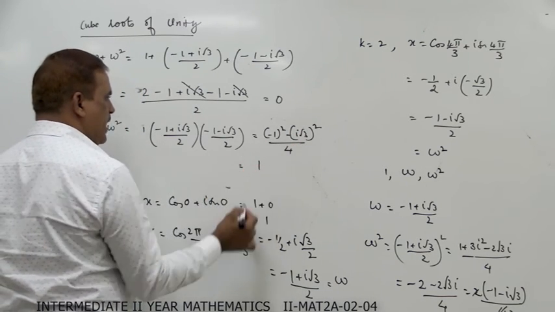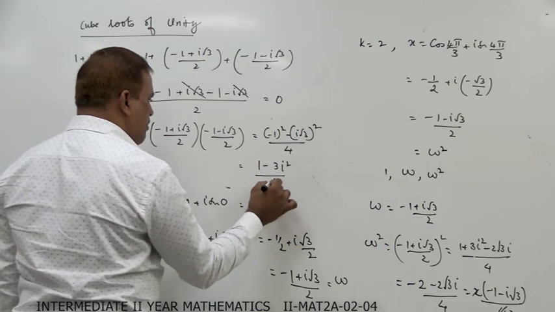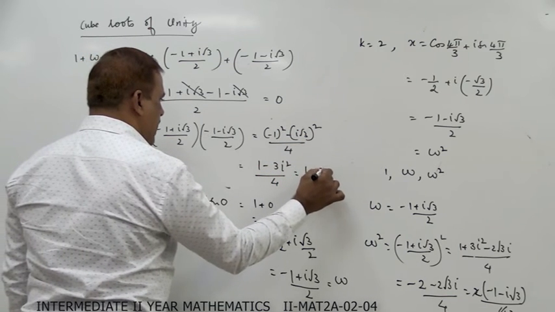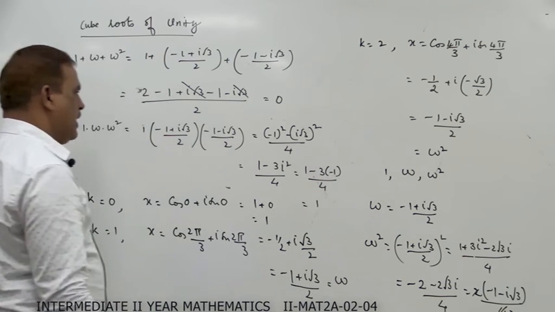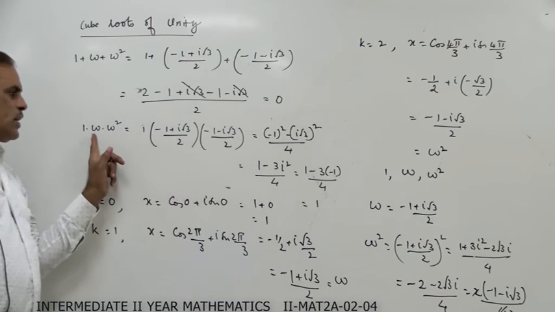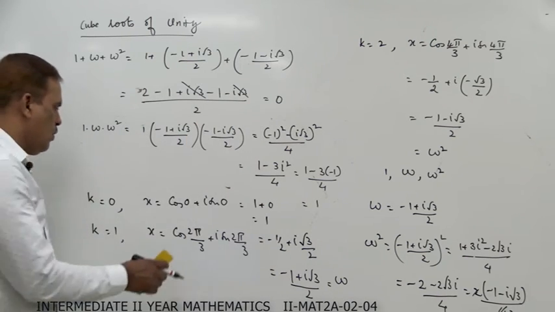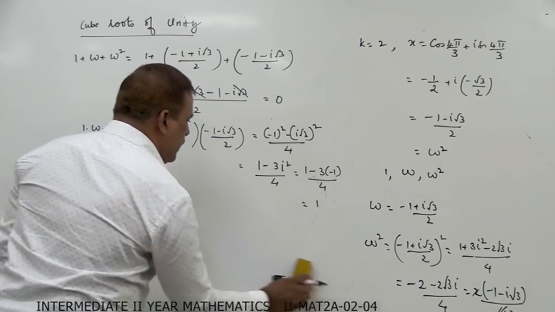Minus 1 whole square is 1. i root 3 whole square is minus 3i square by 4. 1 minus 3 into minus 1 by 4. 4 by 4 is 1. So, the sum of the cube roots of unity is 0. The product of the cube roots of unity is equal to 1.